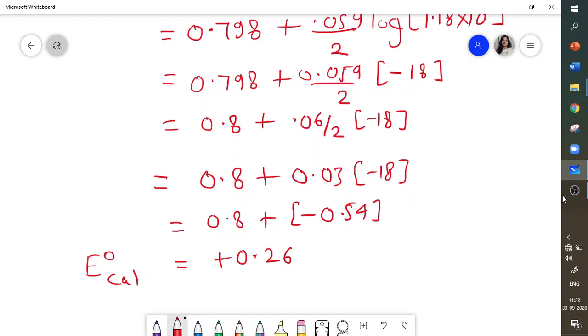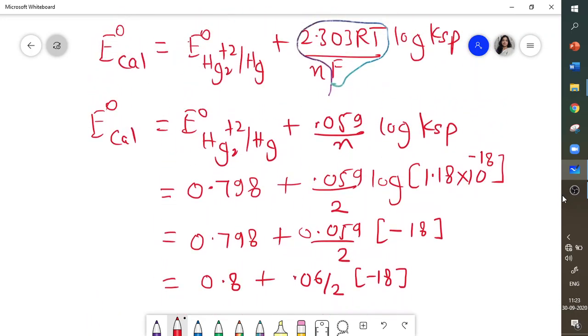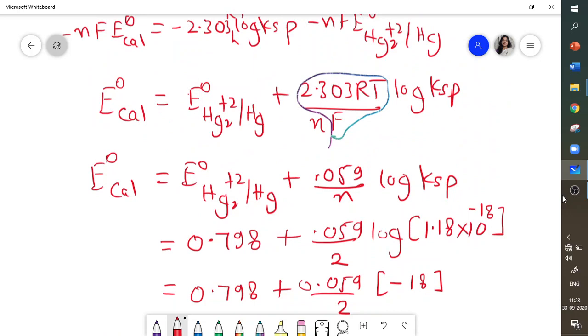Why I told you all this is because they can give you a certain metal X in place of mercury, some metal M or X. They can give you this reduction potential and then want you to find out the E naught of some of these cells. They can give you some other equation based on this, where you have to go through all this.